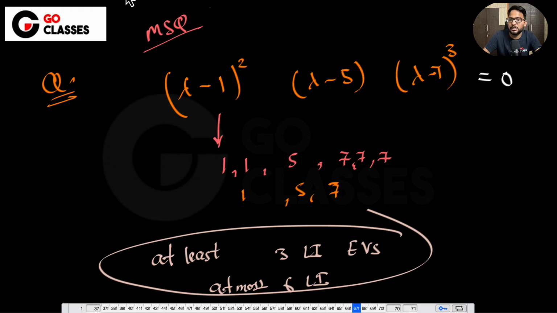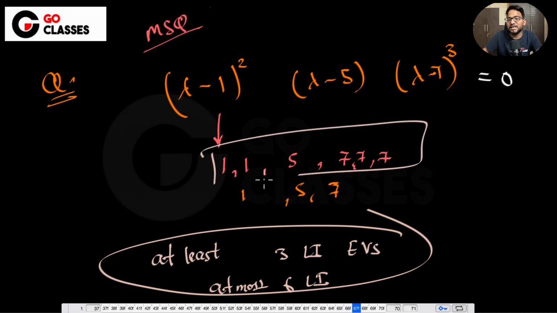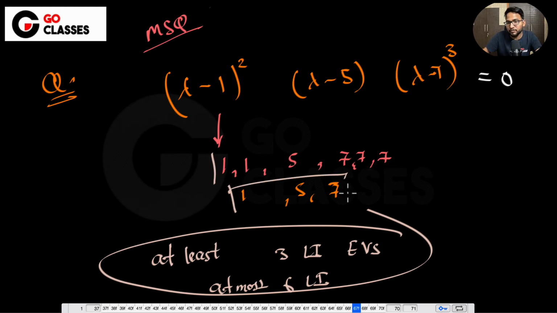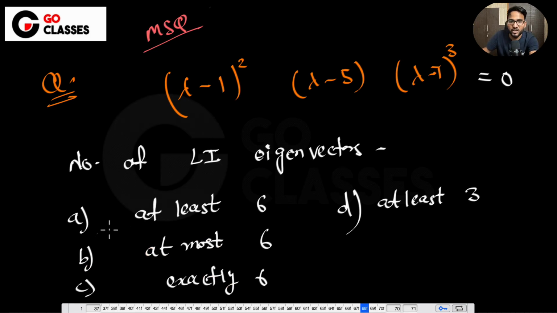I hope you understood. Because of these you have at least 3, because of these you have 6 at most. That is how you can solve this question. The answer will be at most 6, at least 3. So B and D is the correct answer.